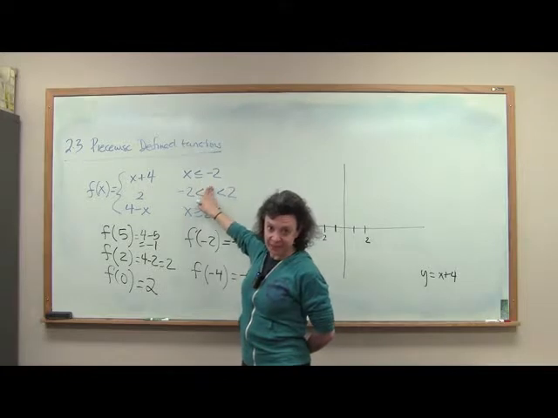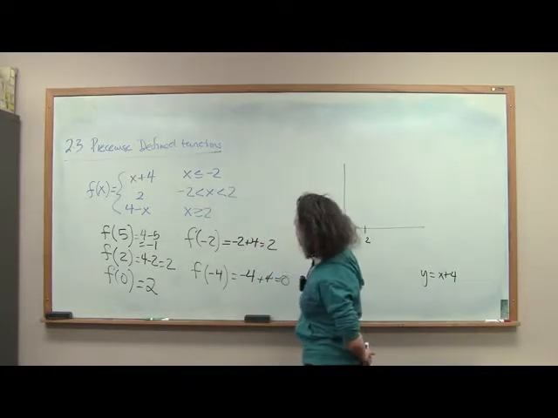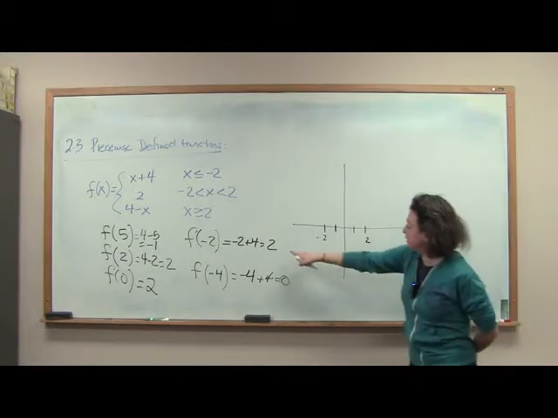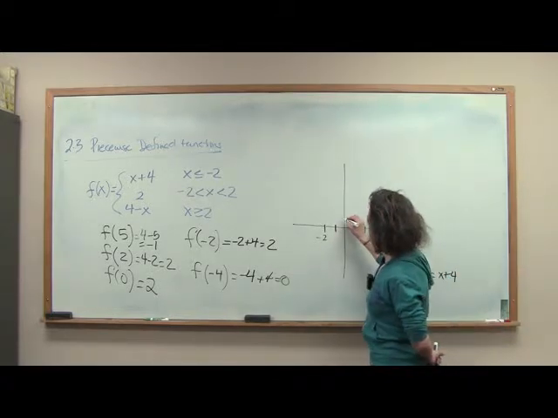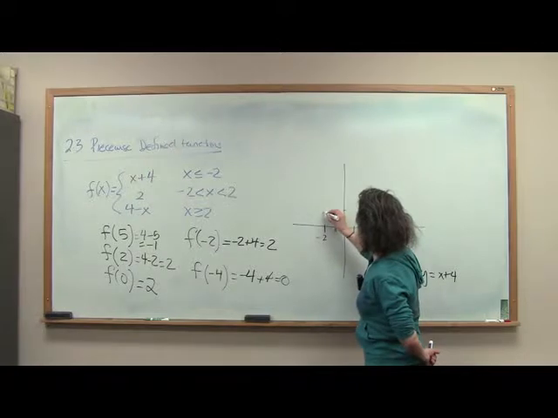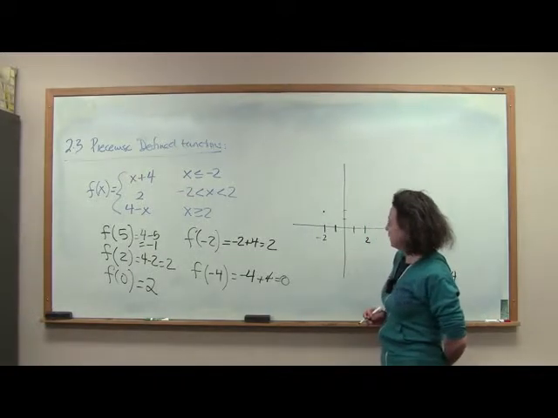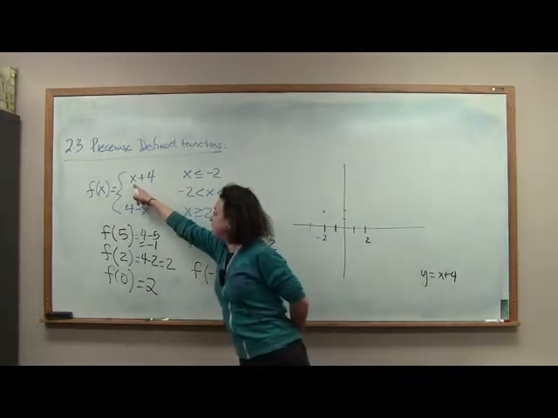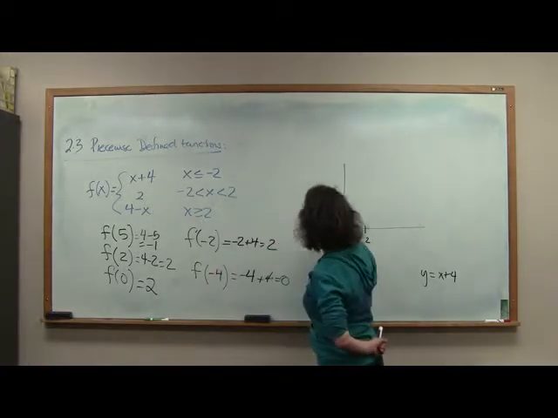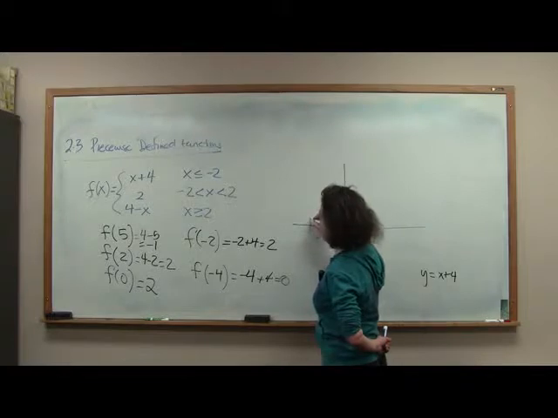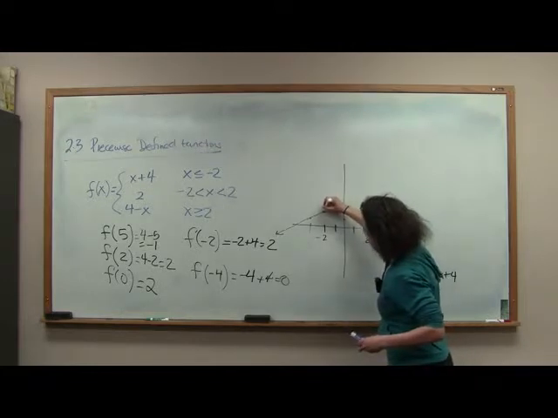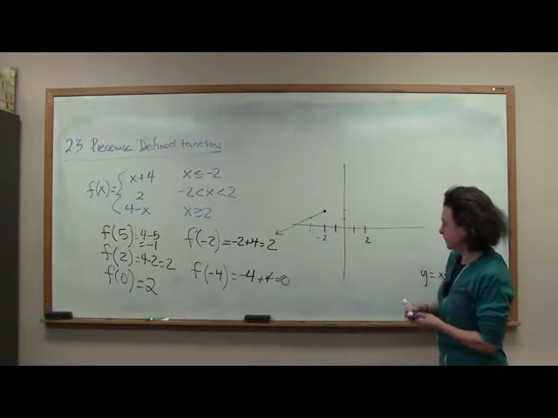In this case, we have the equals, so we can put a closed circle. So I'll start at -2, and we saw that when we plug in x equals -2, a +2 comes out. All right, if I plug in -3, well, -3 plus 4 is a +1. So I can connect the dots, and there's this part of the function.